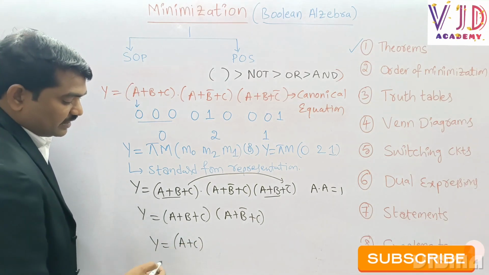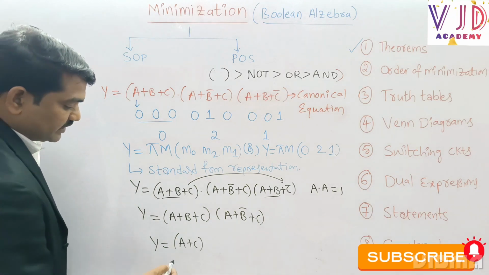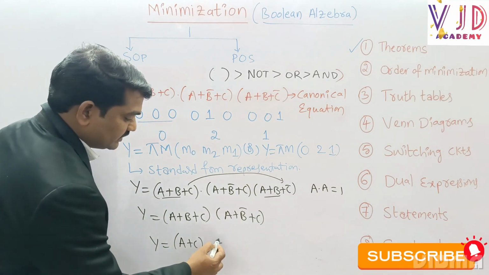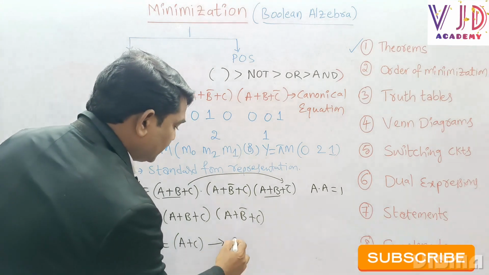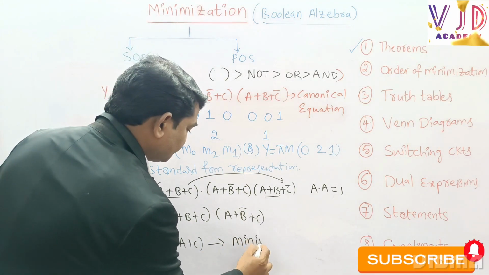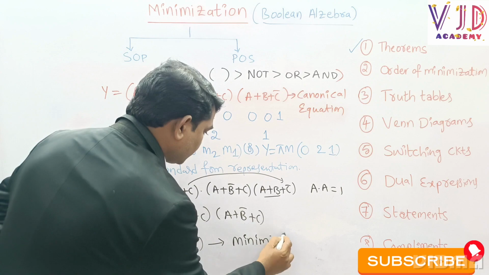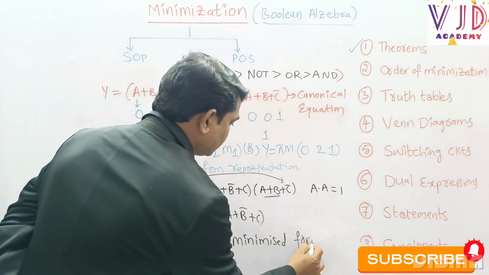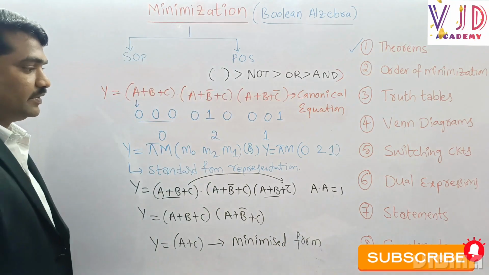We can say the final output is A plus C. Sir, can I say that this is the minimized form? Yes, this is the minimized form of POS.